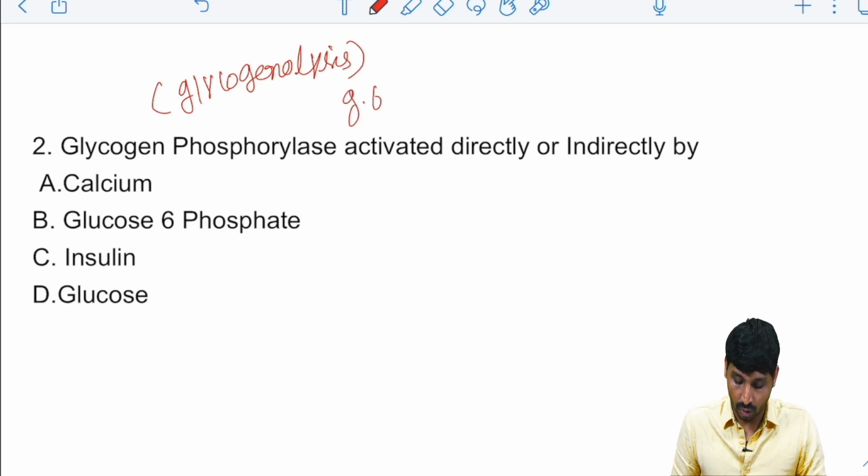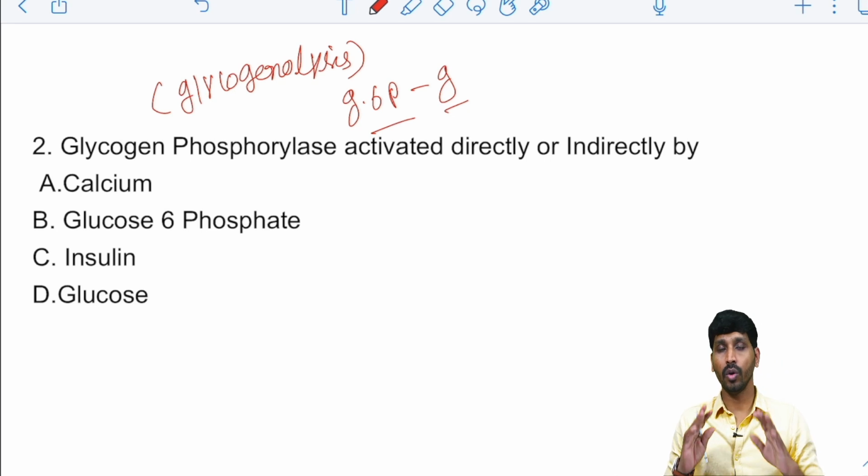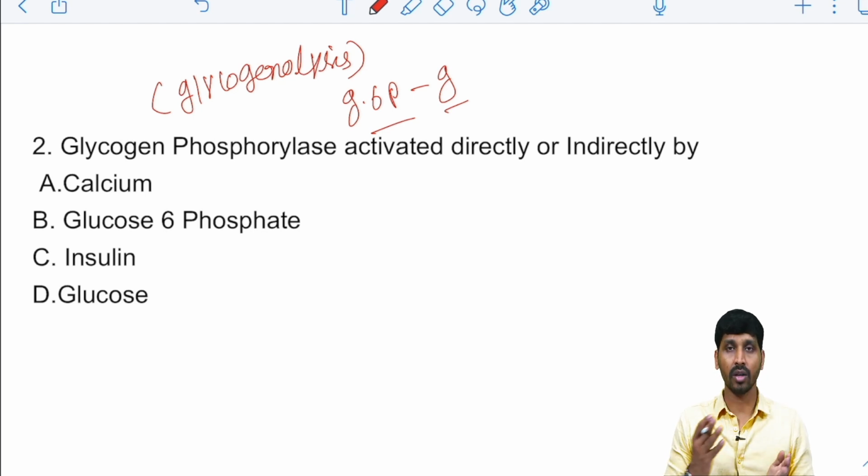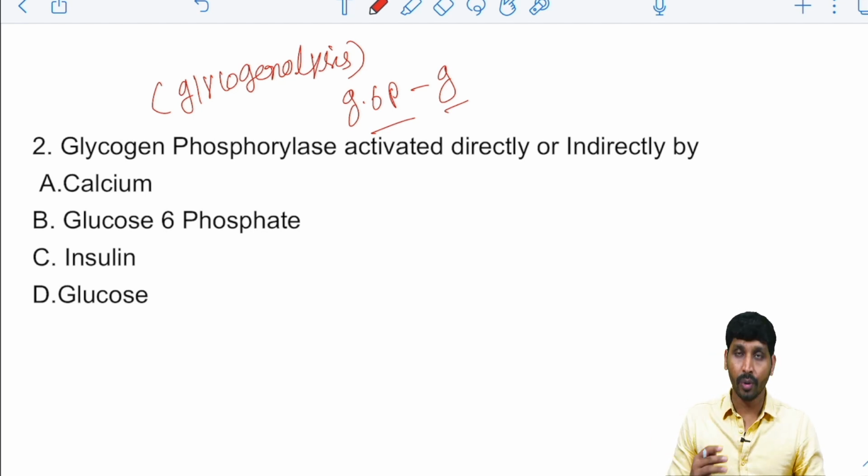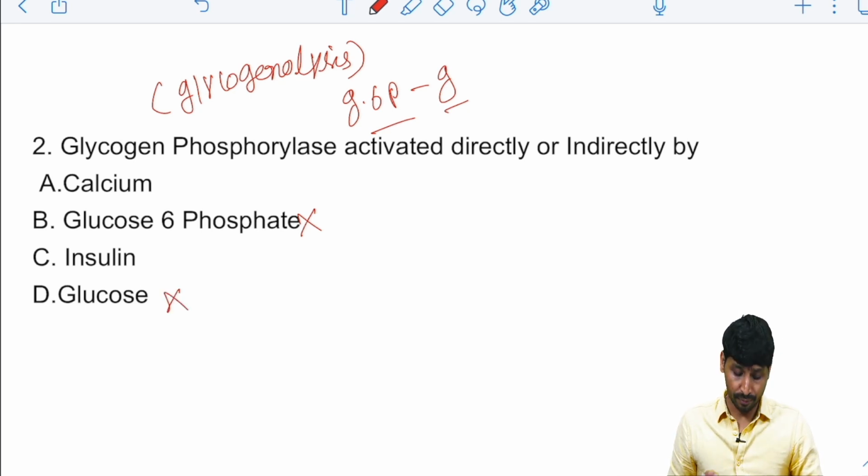You will be getting glucose 6-phosphate and glucose. We have already learned in enzymes about feedback inhibition or end product inhibition. Here the end products are glucose 6-phosphate and glucose, so you can rule out two options. Glucose 6-phosphate is the end product of glycogenolysis, so it will not act as an activator, and glucose you can also rule out. The leftover options are insulin and calcium, right.